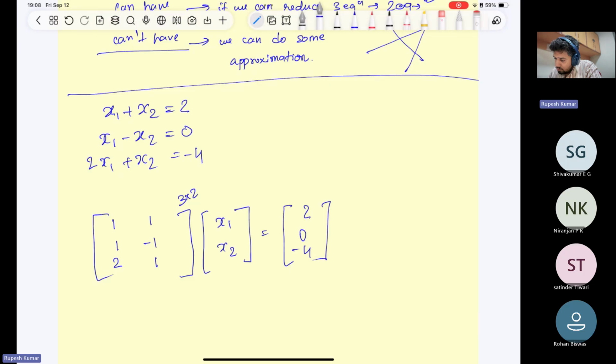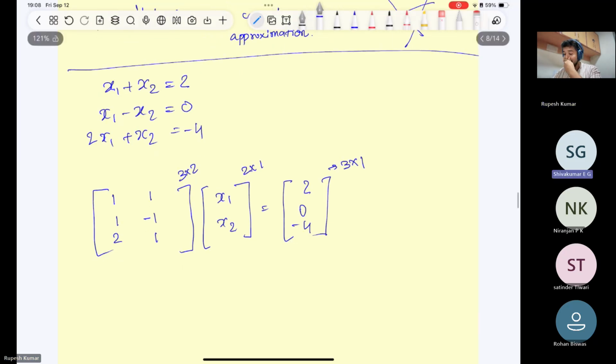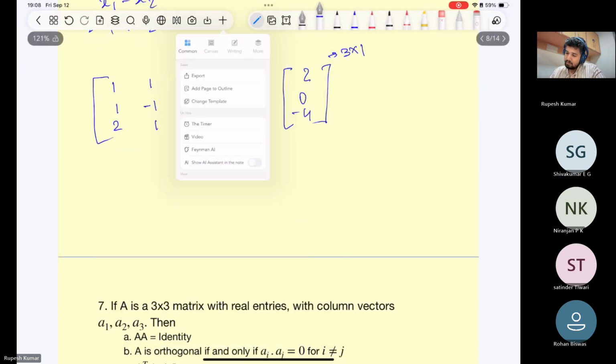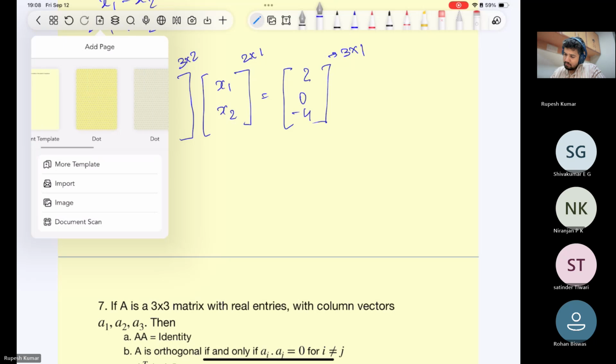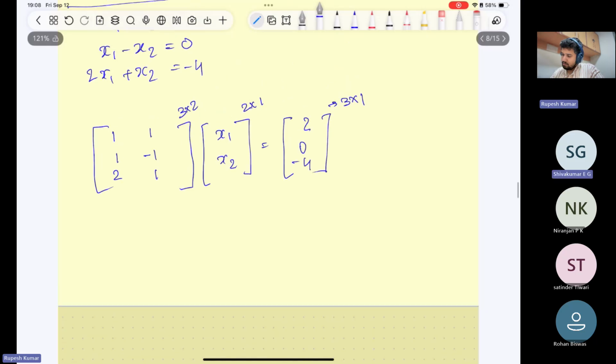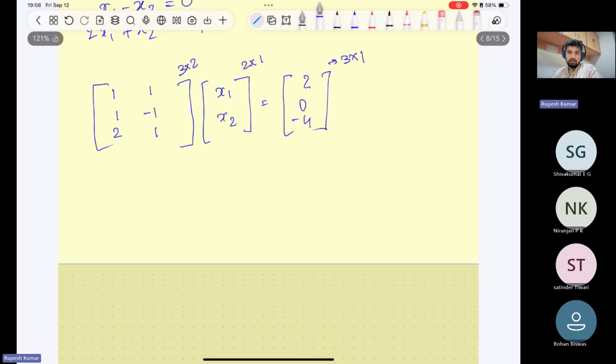This is 3 by 2, 2 by 1, and this is 3 by 1. So this kind of matrix multiplication is possible. This is fine. Yeah, this is completely possible. So everyone, do you agree with this? So till here we are fine, right?